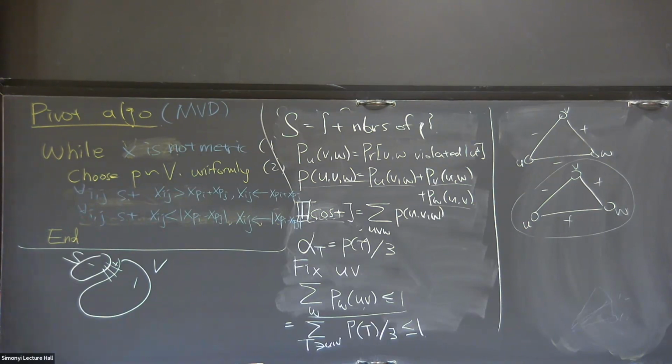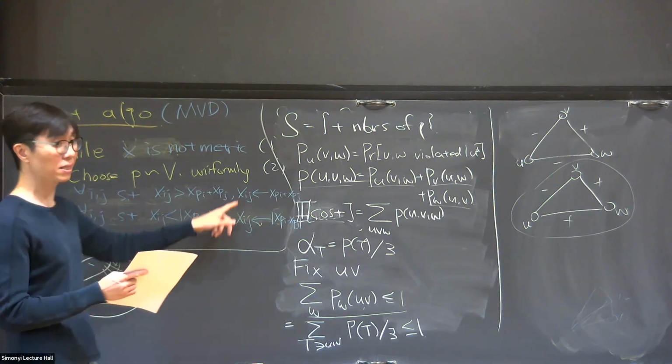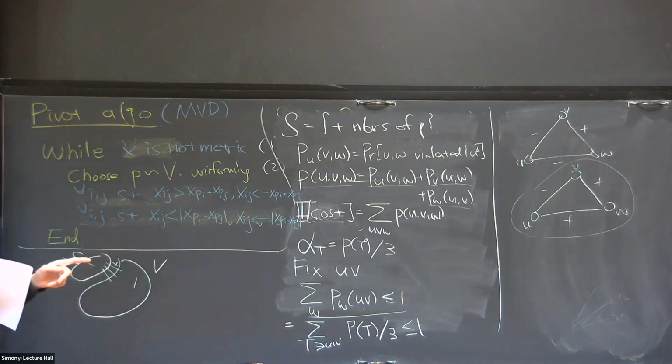Some case analysis will show that if you look at the set of all bad triangles in the beginning, by doing this process, it will only decrease. We are changing the distances Xij, but it will never be the case that a bad triangle is created from not being bad. That's never gonna happen.